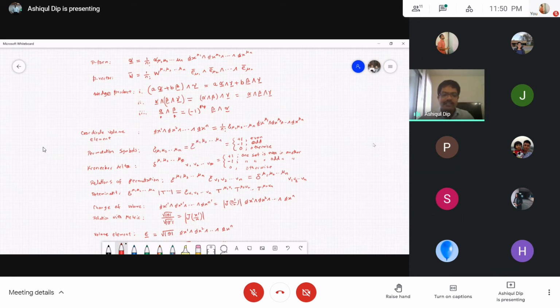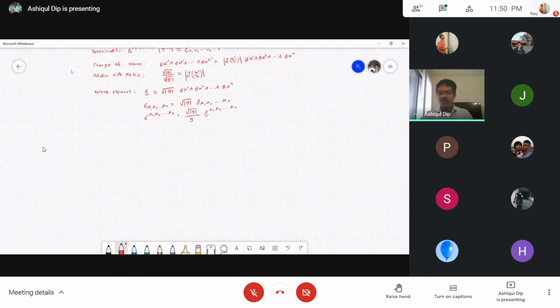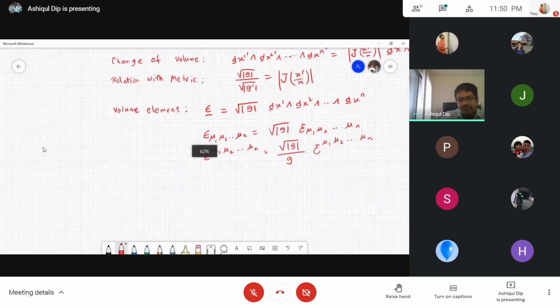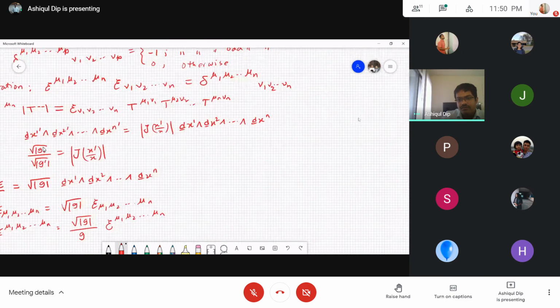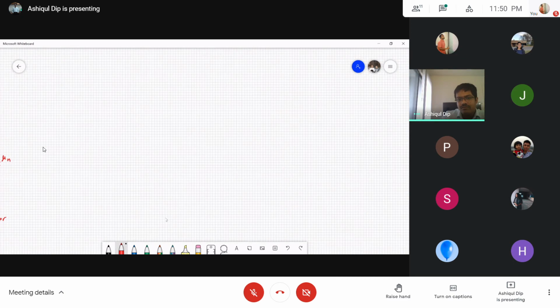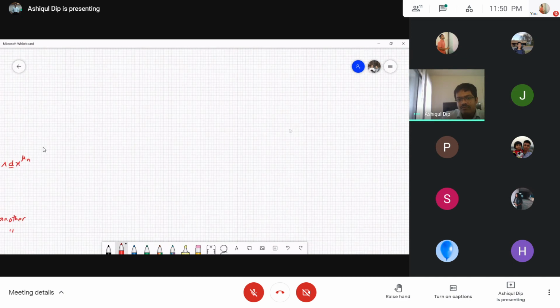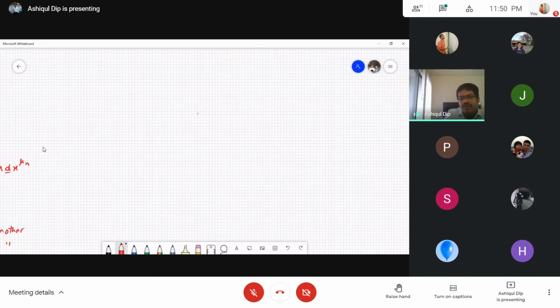Okay, so let's continue with this piercing process. Consider you have a grid system like this.